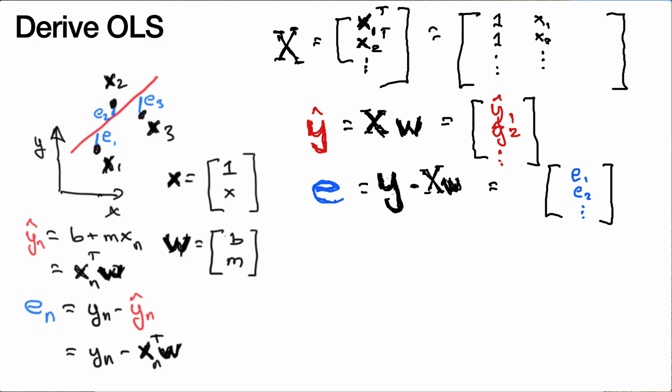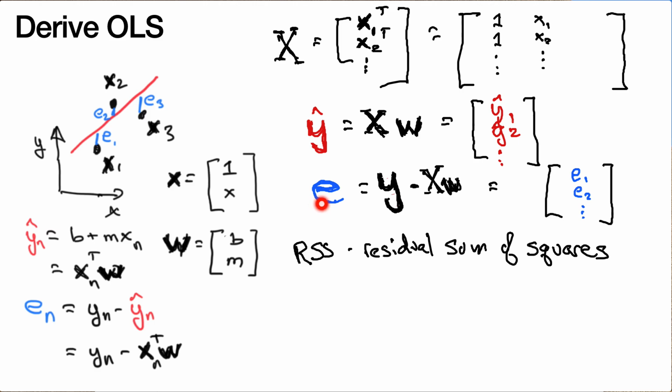All right, brilliant. So again, we have our errors. One could easily imagine that our loss function is that we want to set up a line that minimizes those errors. And this is called the residual sum of squares. So the residual sum of squares is the idea that these e's, this e vector, those are called the residuals.